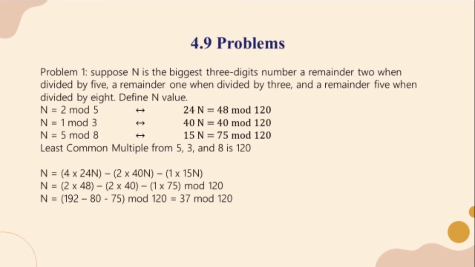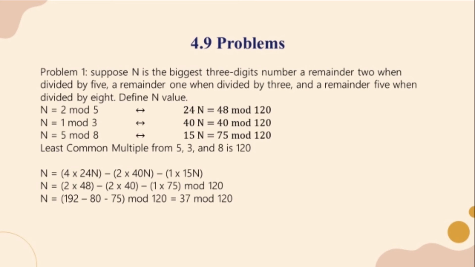From here, we can determine n. The condition is that 24n, 40n, and 15n must each be 1 modulo their original moduli.